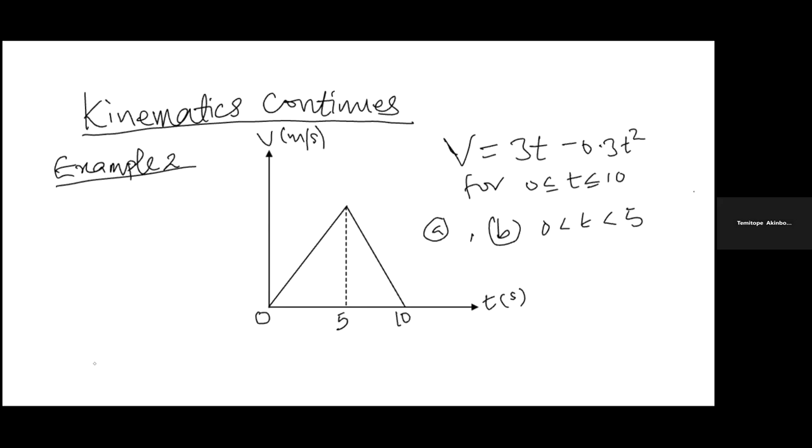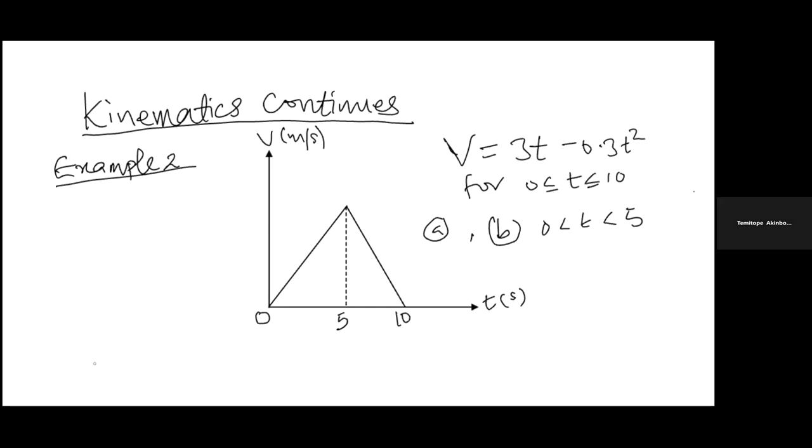So let me read everything again so that if you miss anything out. A particle P starts from rest at the point A and travels in a straight line, coming to rest again after 10 seconds. The velocity-time graph for P consists of two straight line segments, as shown in the diagram.